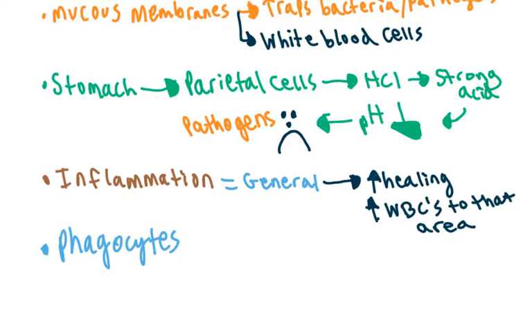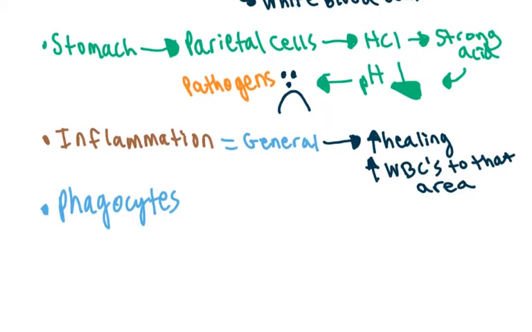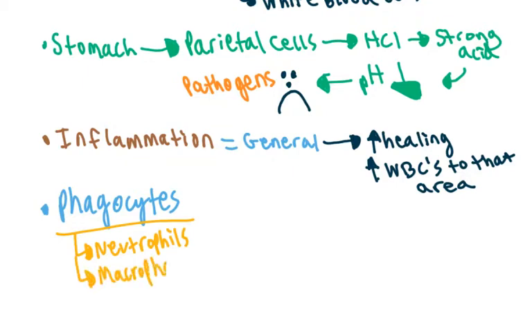They just try their best to destroy any pathogen that they see. Some examples of phagocytes are neutrophils, which are the most abundant among all our white blood cells, macrophages, and dendritic cells.